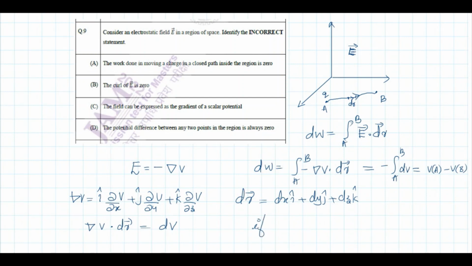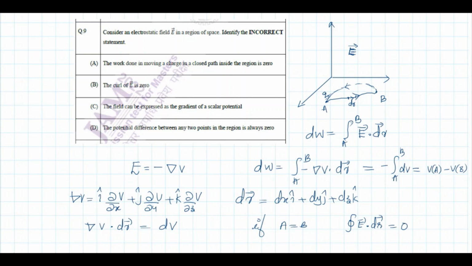If A equal to B, that is if it is a round trip, the particle goes from A to B and then returns to A. The starting point and endpoint are the same. Then closed integral E dot dr, that is the work done, becomes 0 because the work depends only on the endpoints, and the endpoints are the same.